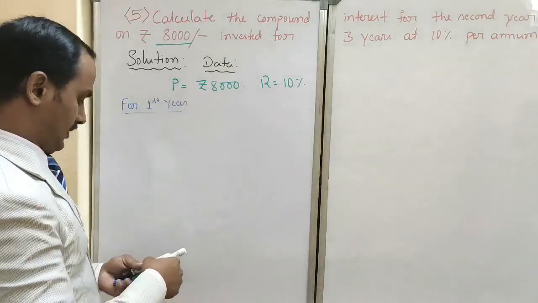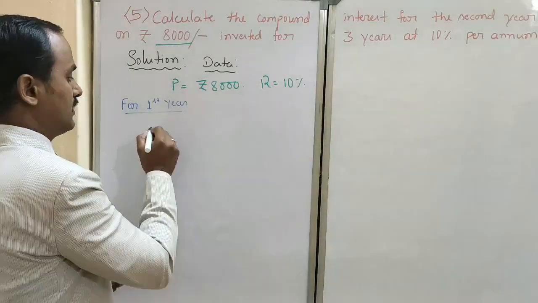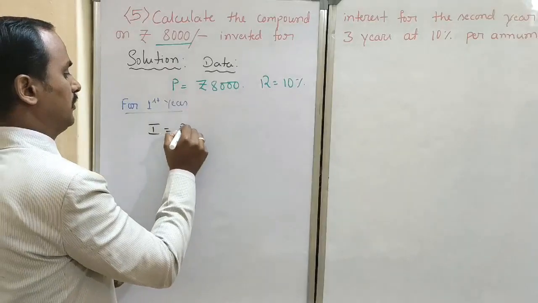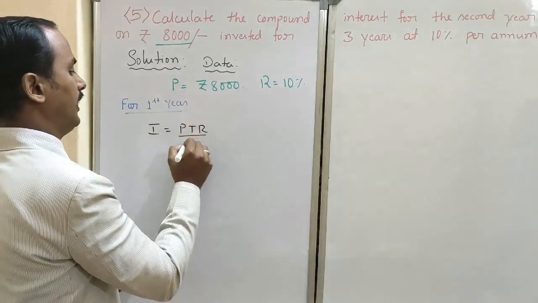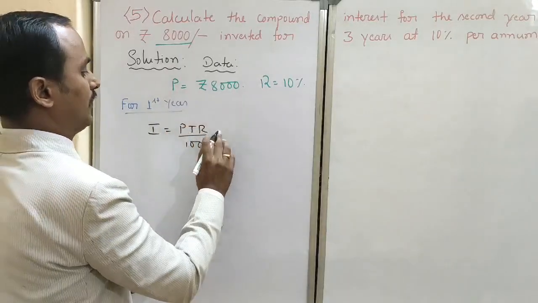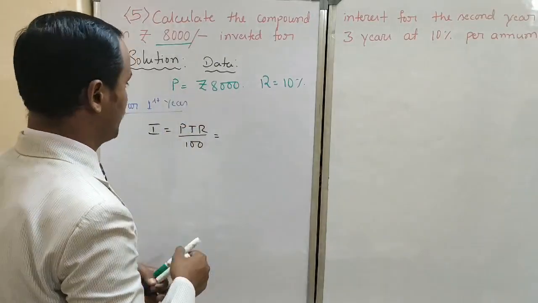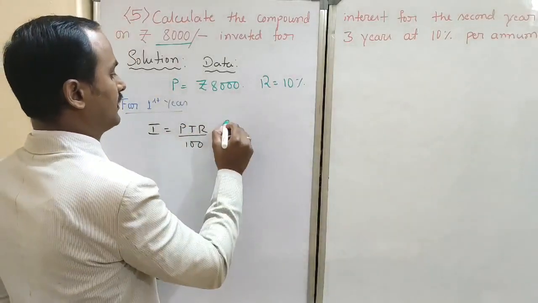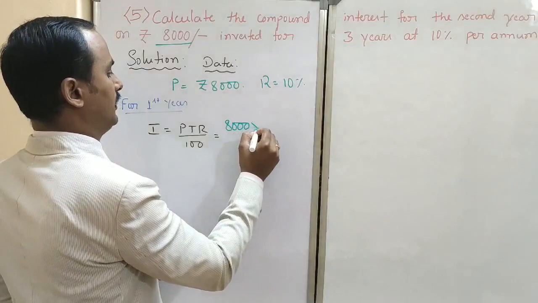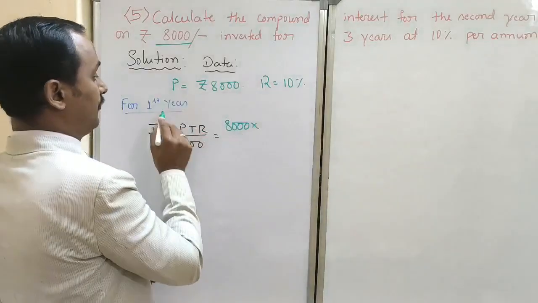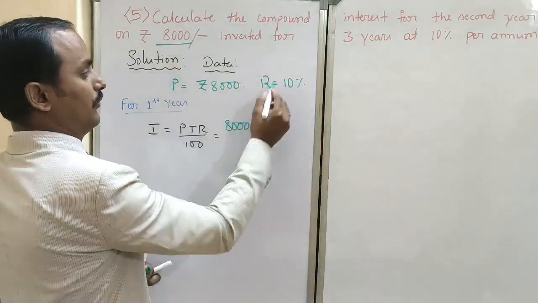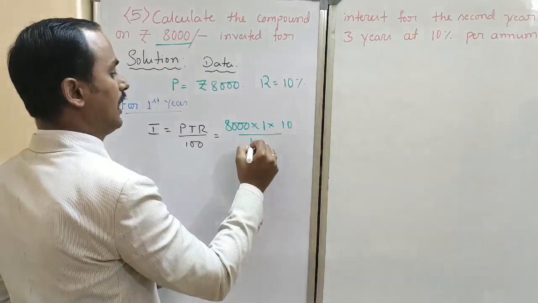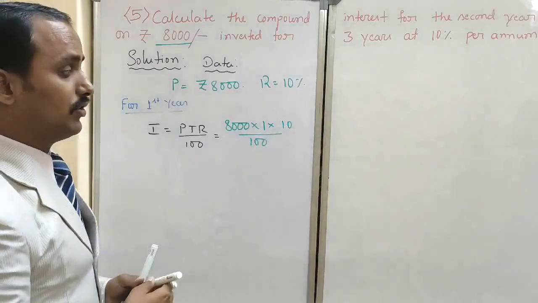Look here. First, what is the formula? Interest is equal to PTR divided by 100. I will substitute the values. Principal amount, how much is it? Principal 8,000, into time 1 year, into rate of interest 10, divided by 100. Simplification I told already.